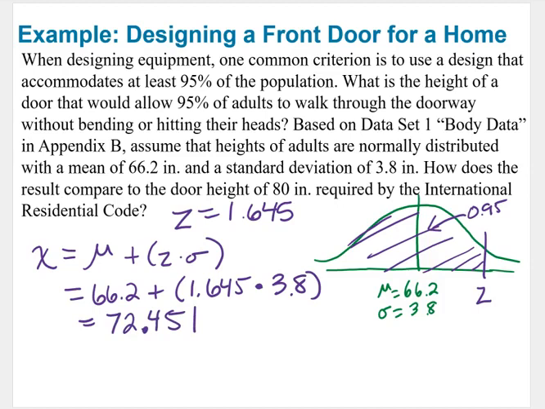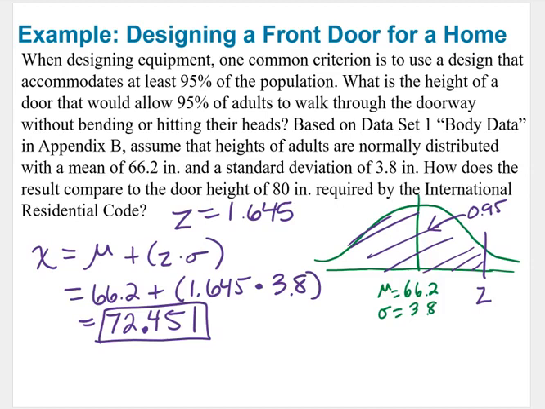It depends on if you're using technology, it might actually round it for you. So 95% of the population is going to be below 72.451 inches. So technically, we really only need the doors to be 72.45 or 72.5. It's probably easier if you round to a half an inch. That would allow 95% of the adults to go through.